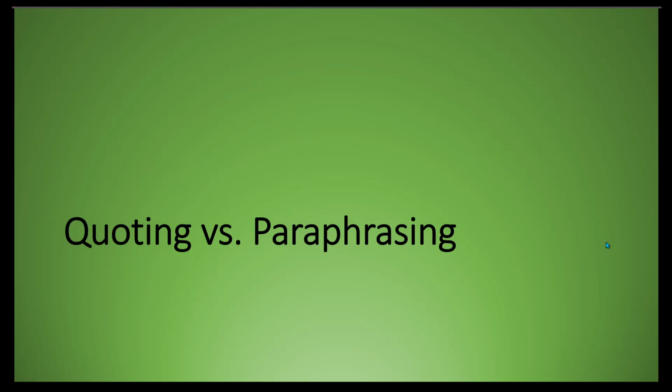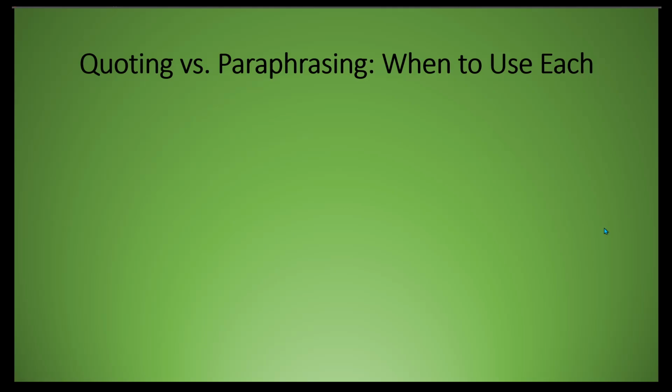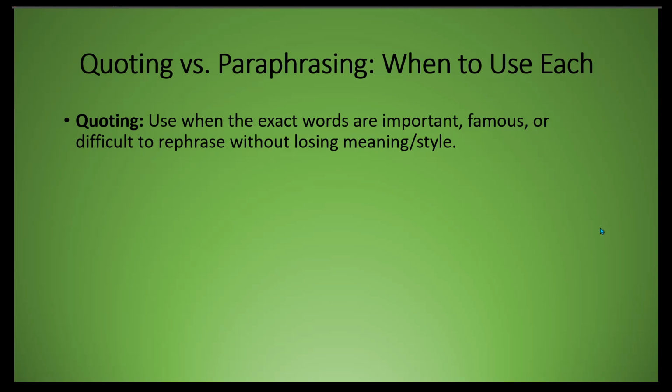So a lot of students don't know when to quote and when to paraphrase. So we need to know when it's appropriate. Quoting is using the exact words of someone. Usually these words are really important, the person saying it is very famous, or it's very difficult to rephrase it without losing its meaning or style.